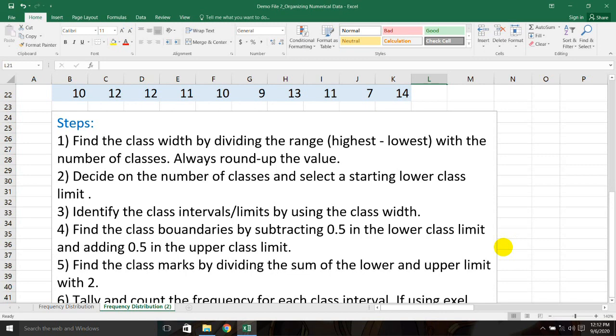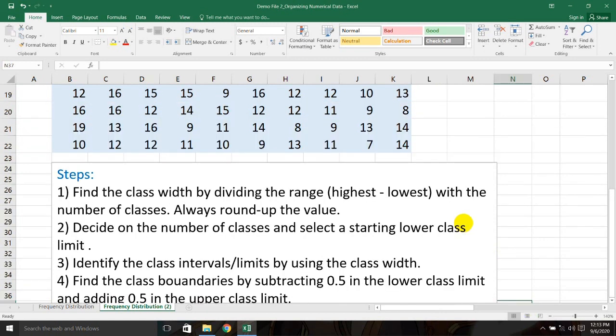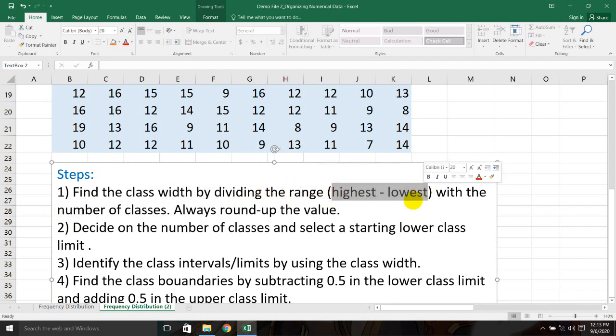Now, the first thing that we need to do is to find the class width by dividing the range by the number of classes. Remember that range is just equal to the highest minus the lowest value.